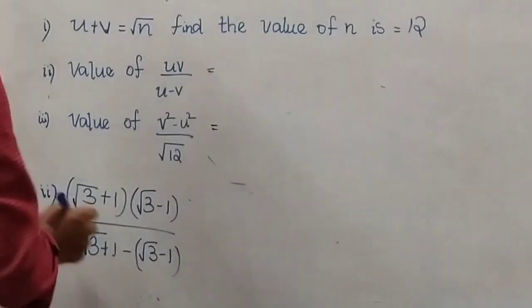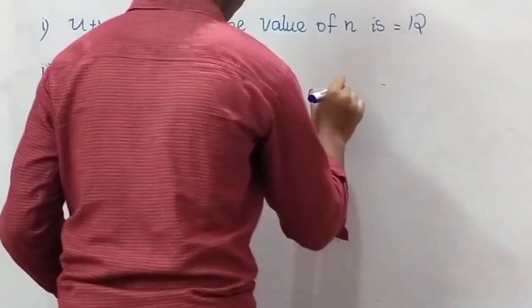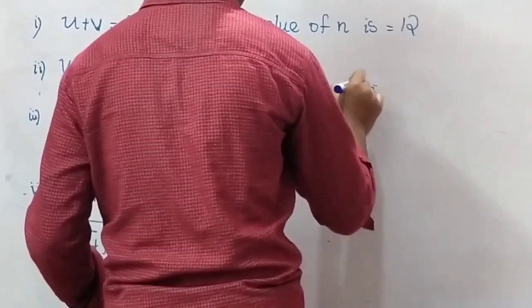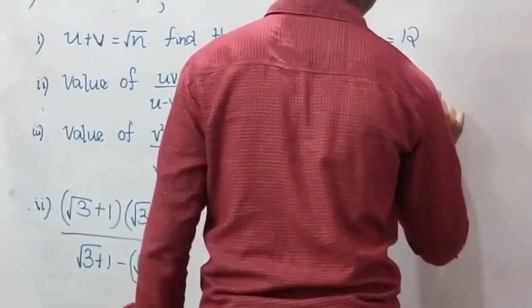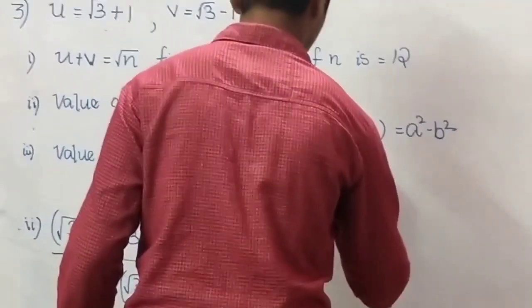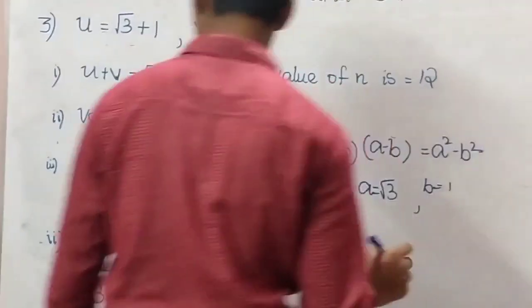Now the numerator is in the form of (a plus b) into (a minus b), that is a square minus b square. In this, a is root 3 and b is 1.